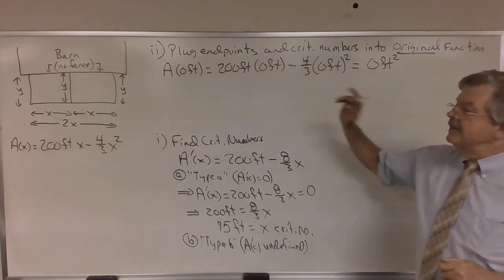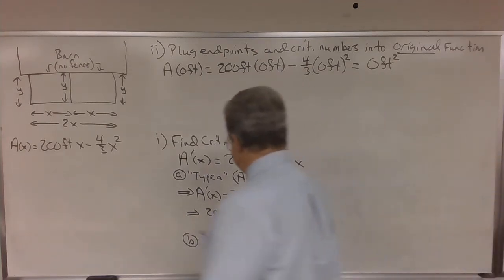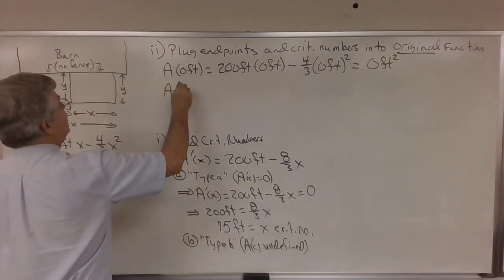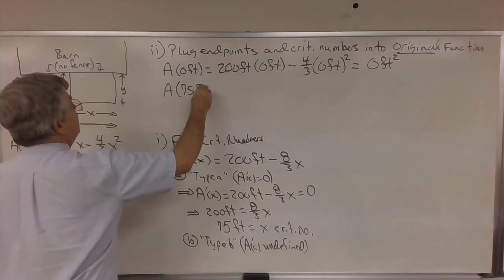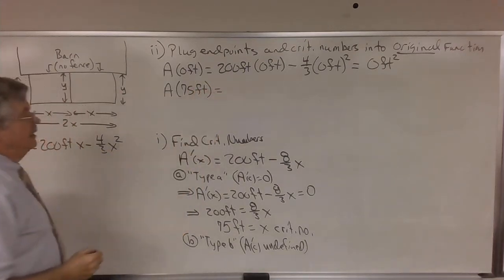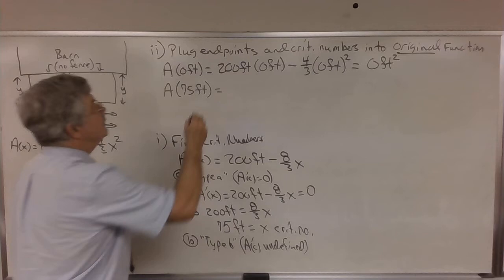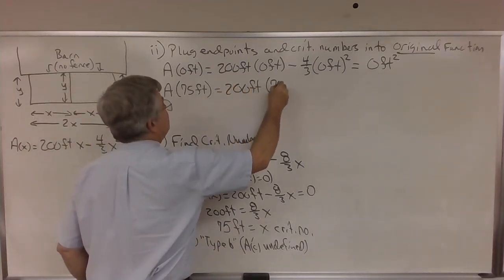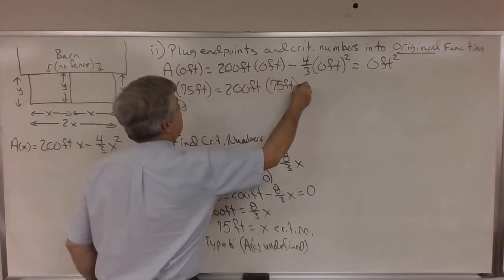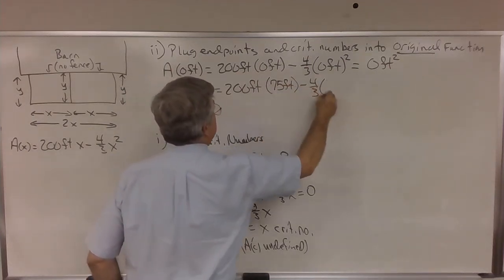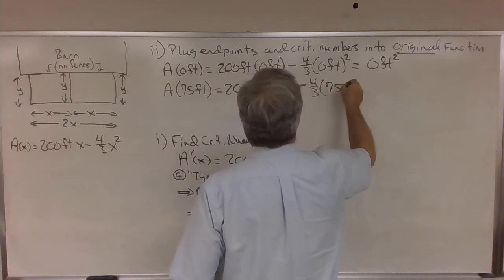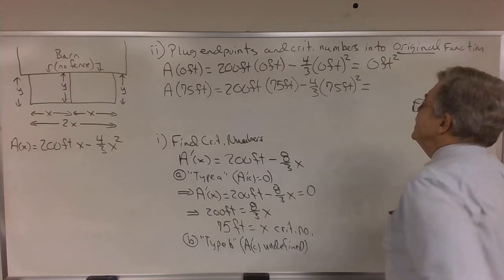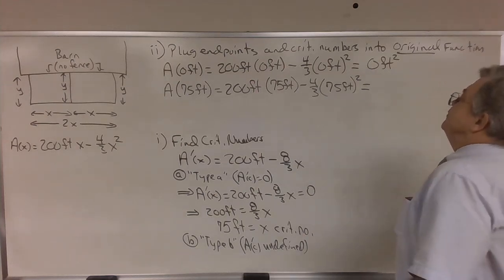So we plugged in the left endpoint. Let's plug in the critical number now, 75 feet. 200 feet times x, which is 75 feet, minus 4/3 times x, 75 feet squared. Okay, let's see.